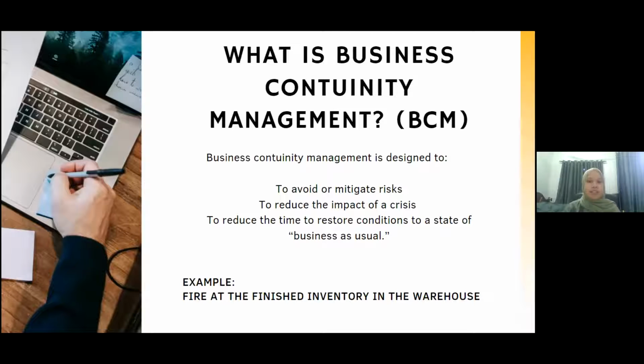And the second situation is, what if the fire destroys the whole warehouse, meaning that all the finished inventory is destroyed. So in BCM also, we will plan what to do, such as providing alternative facilities to make sure that product can proceed as usual, and business can be back as usual.